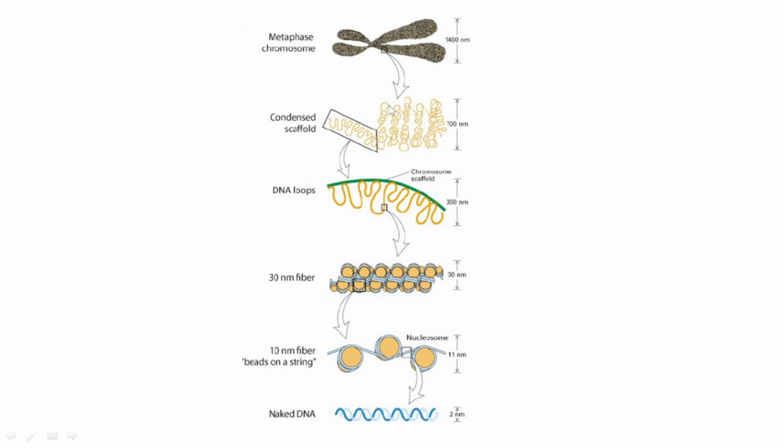And after all this folding, it gains the appearance of a metaphase chromosome. It's very compacted. It's not an extended form. Okay, these are the different levels of organization of the chromatin.